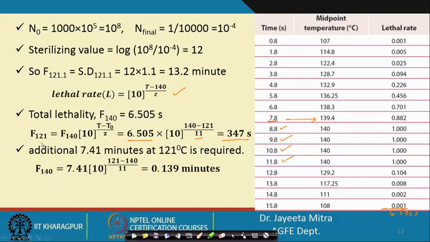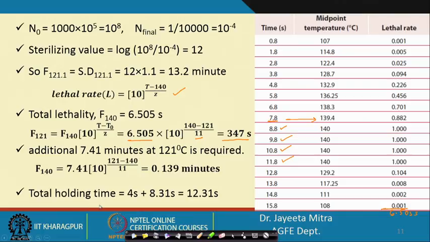That is coming 347 seconds, but the F 121 for 12D inactivation is 13.2 minutes. So, the remaining 7.41 minute at 121 we need to provide to the product as heat treatment. This 121 degree Celsius exposure for 7.41 minute is equivalent to 0.139 minute at 140 degree Celsius.